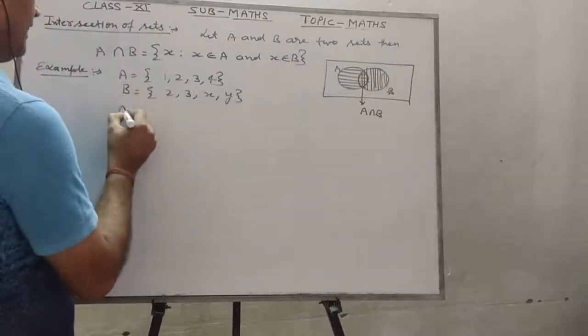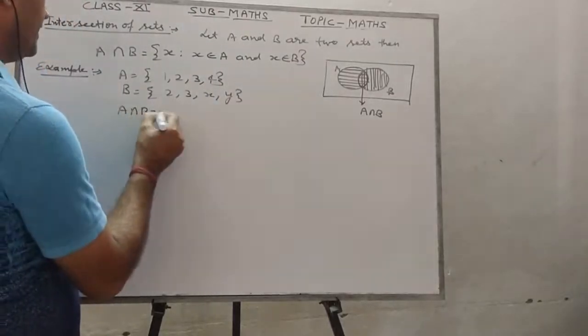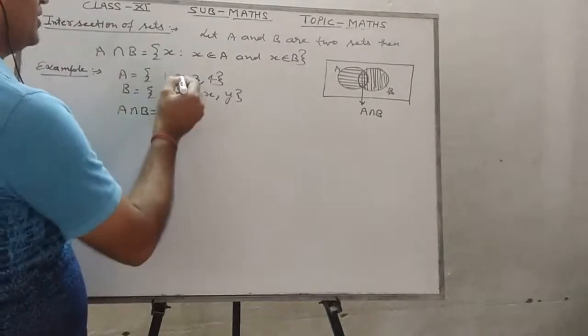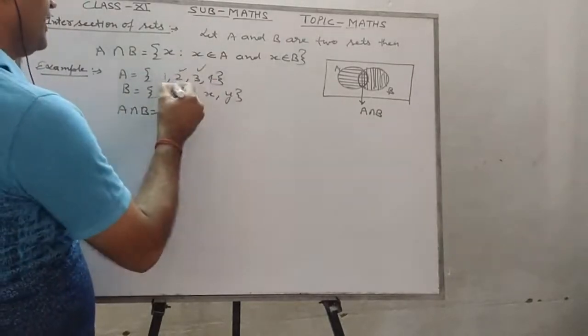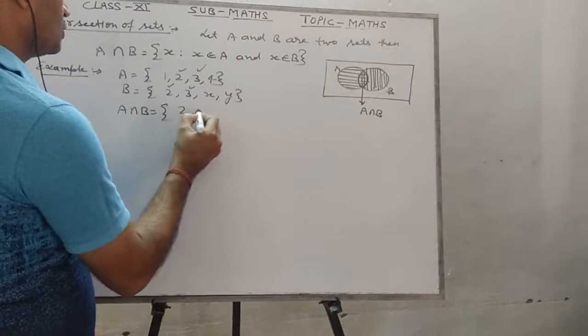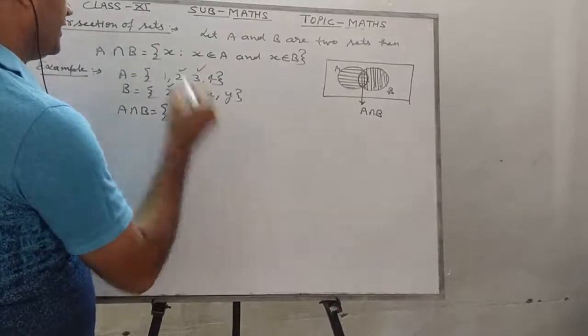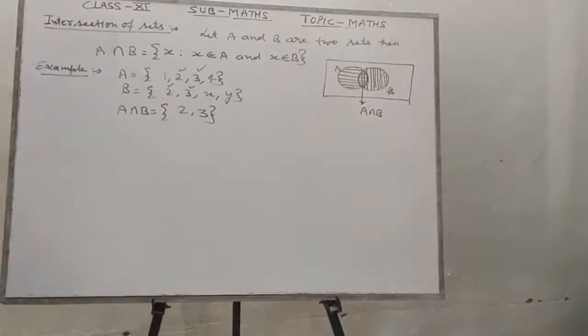Then A intersection B will contain the common elements. 2 and 3 are the elements of A as well as B. So A intersection B equals 2, 3. This is the intersection of two sets.